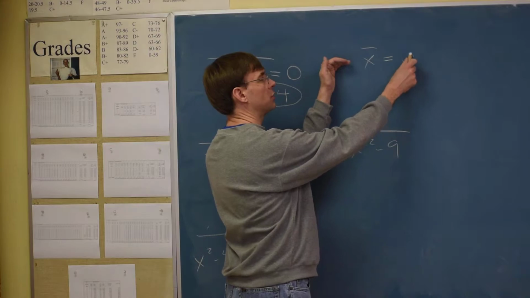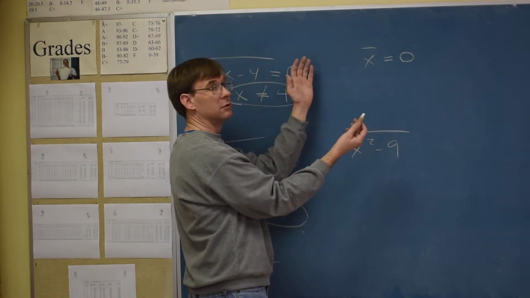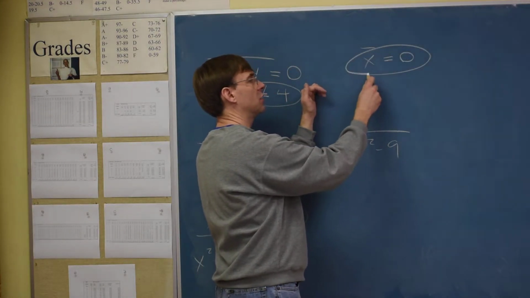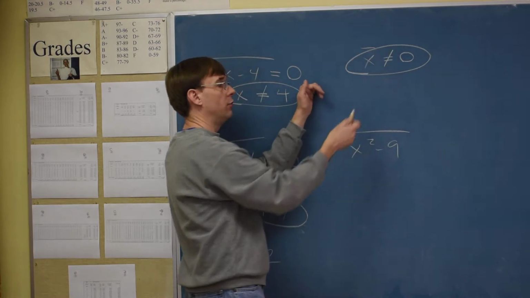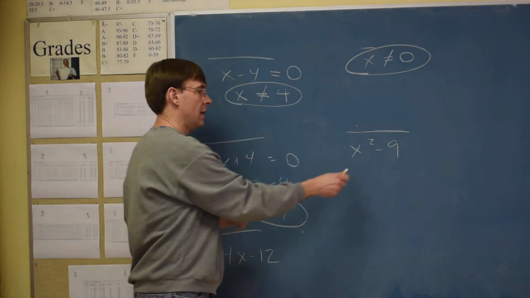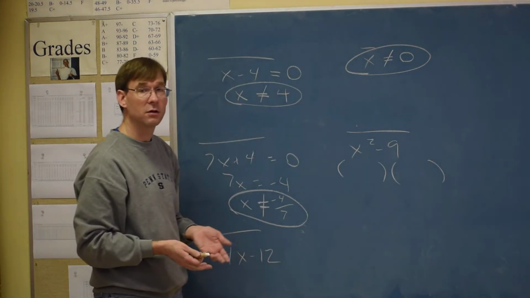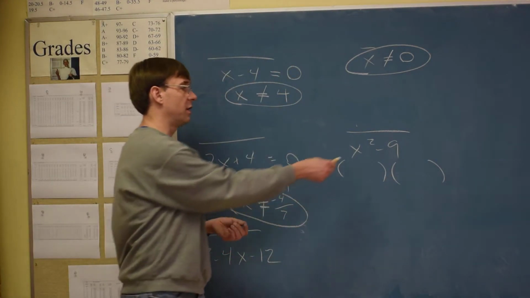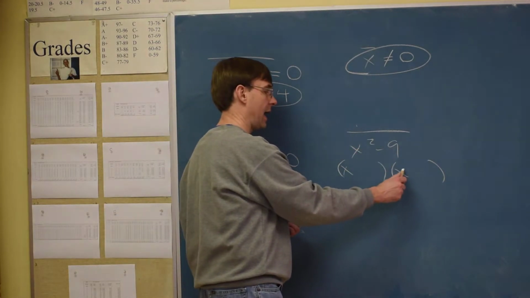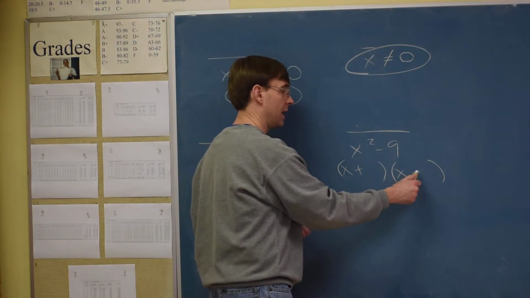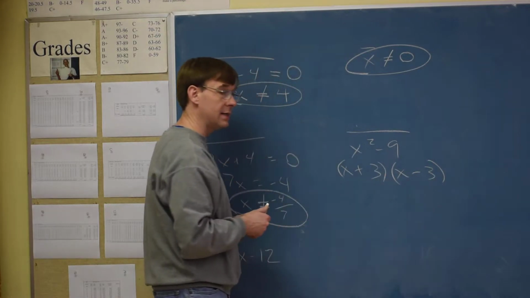If you let this equal 0, well, that's already done. As an answer, we just need to say, no, don't do that. This one, you'd have to factor. So hopefully you've had success on factoring last week. This is a difference of squares, so we're x and x. We're different signs. We have a pair of 3's.